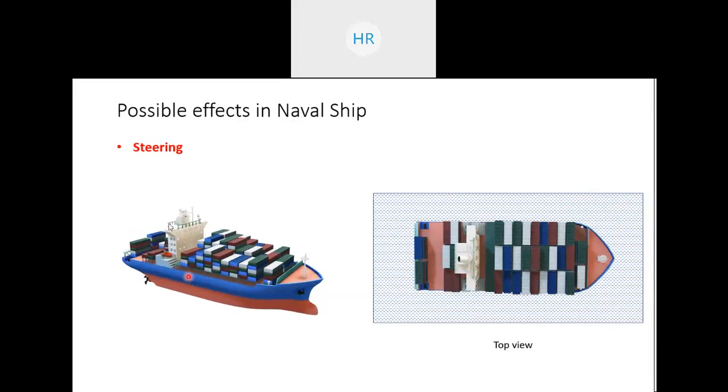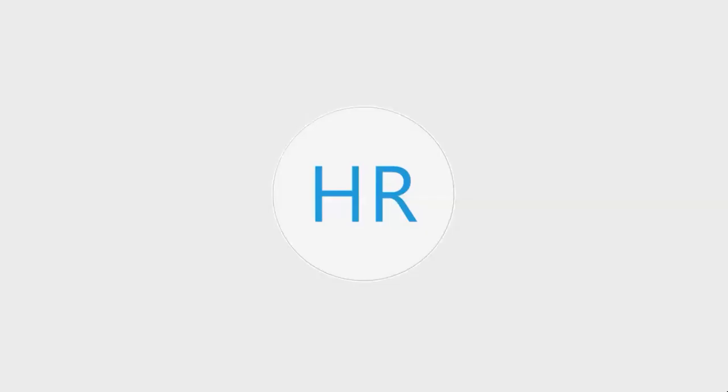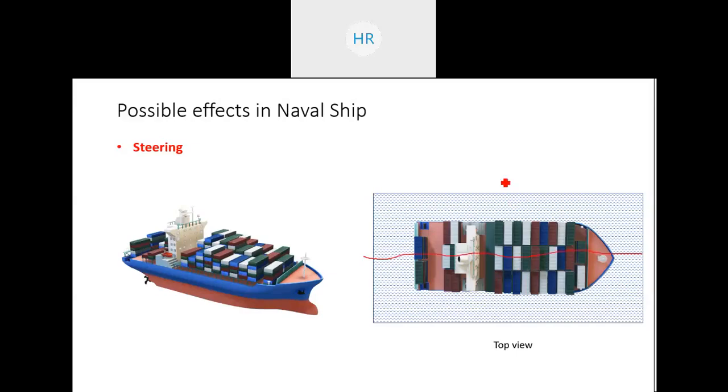In a ship we will consider two axes. First one is longitudinal axis. Longitudinal axis means the axis running throughout the length of the ship, and the axis perpendicular to that is called lateral axis or transverse axis.